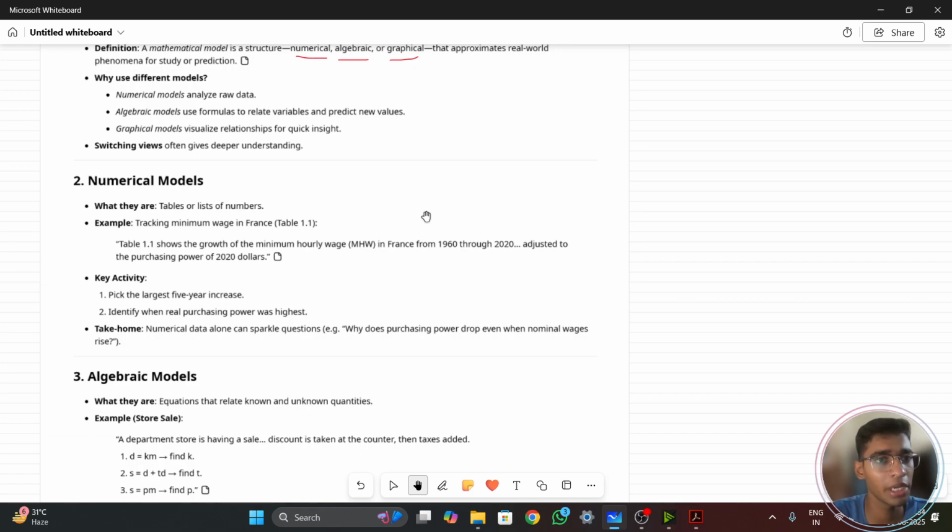When you have the raw data, you plot it on a graph, which will be a graphical model, and you will find some sort of function to make a model to predict future values or get past values by relating that raw data, that is the numerical model. So when all three combine, you get a mathematical model.